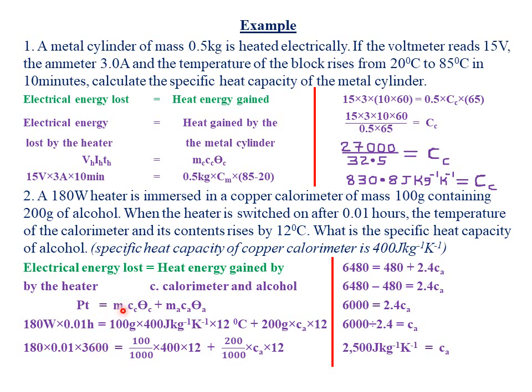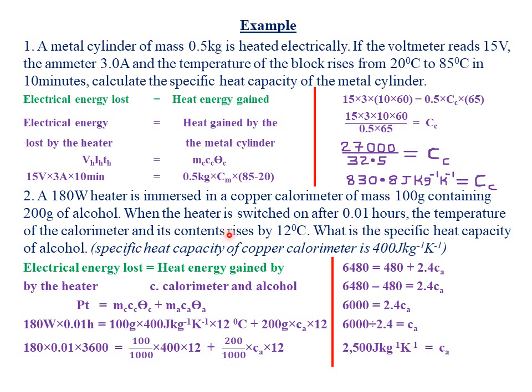Then the mass of the copper calorimeter, we are given that the copper calorimeter has a mass of 100 grams. Then we know the SI unit for mass is kilogram, so we'll simply take 100 gram converted to kilograms, multiplied by specific capacity of the copper calorimeter we are given as 400 joules per kilogram per Kelvin, times the change in temperature for the copper calorimeter and its content, which was actually 12 degrees Celsius.